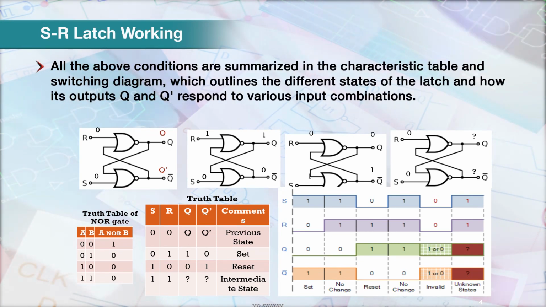All the above conditions are summarized in the characteristic table and the switching diagram, which outline the different states of the latch and how its outputs Q and Q dash respond to various input combinations.